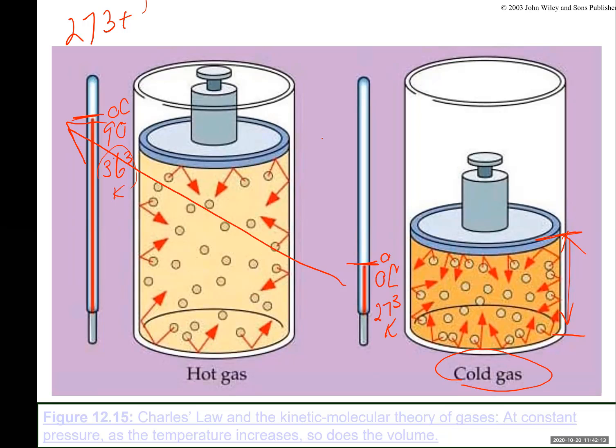What is happening to the volume? The volume is changing. So increase the temperature, volume will increase. That's what Charles' law is saying. Of course, this is when pressure is not changing and the number of moles of the gas is not changing.